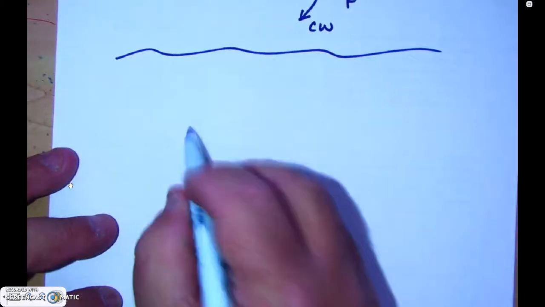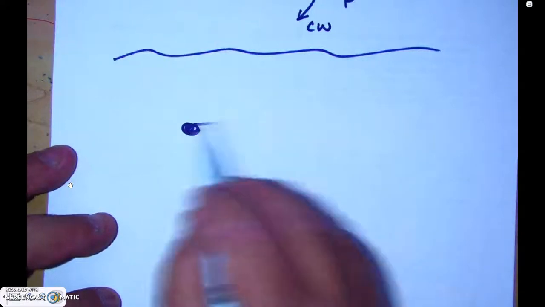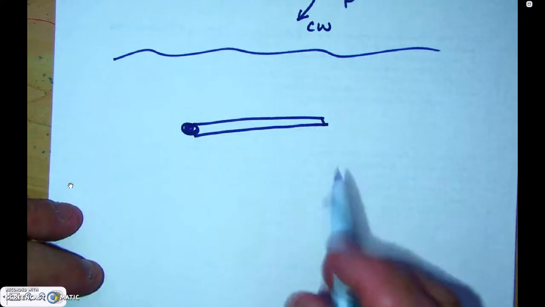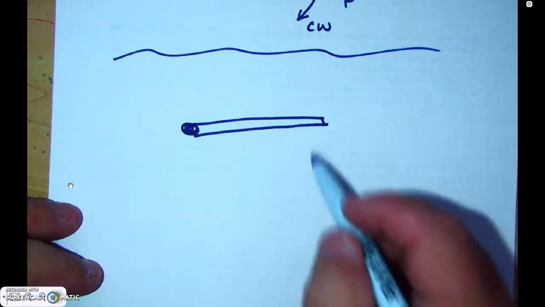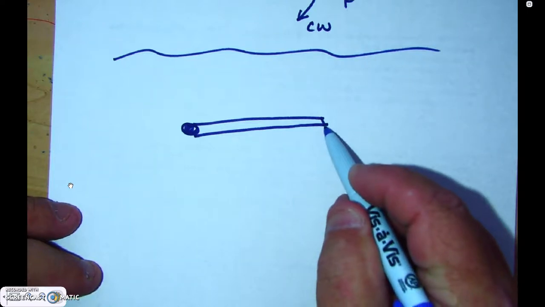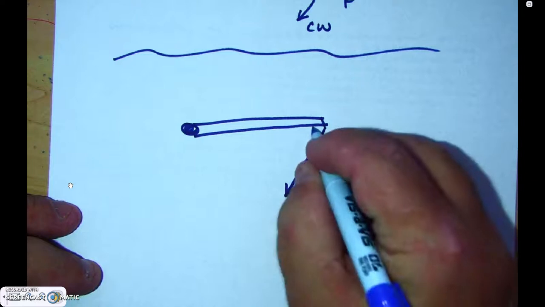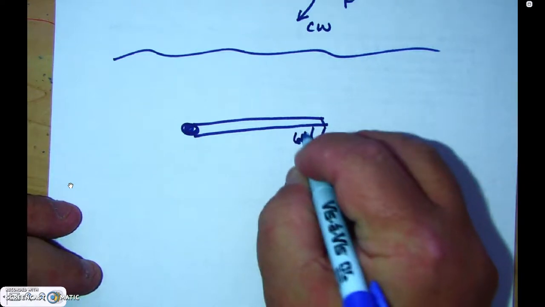So let's do one. Let's take an object P. We'll have it like this, and I'm going to apply a force to it. But this time I'm going to do something a little bit different with the force. I'm going to apply the force back at an angle, that way, of let's say 60 degrees.